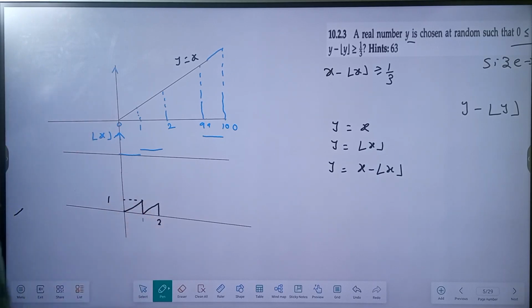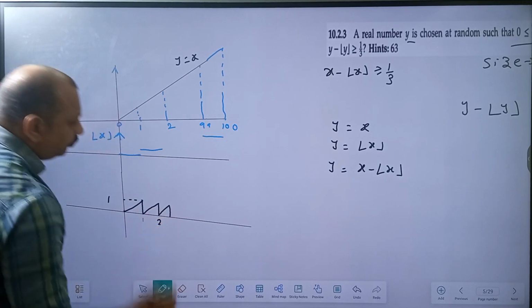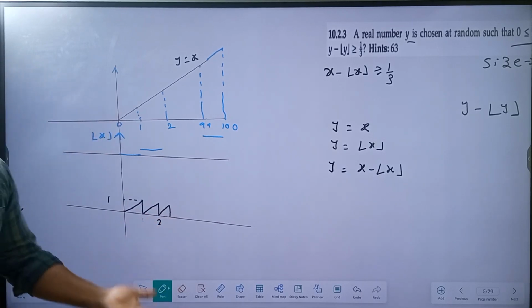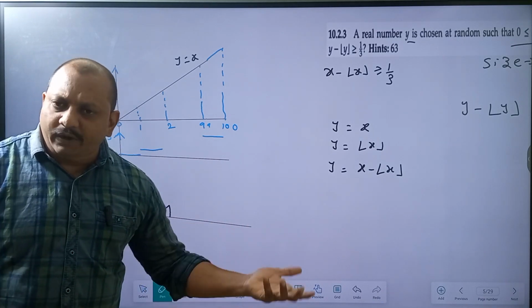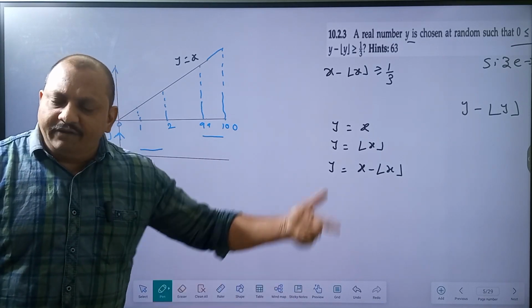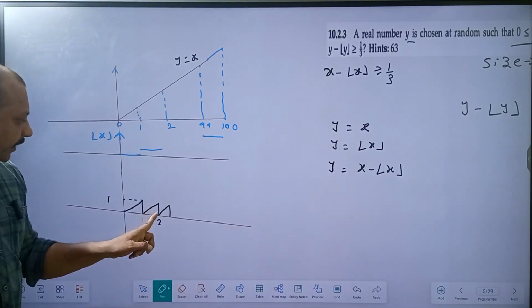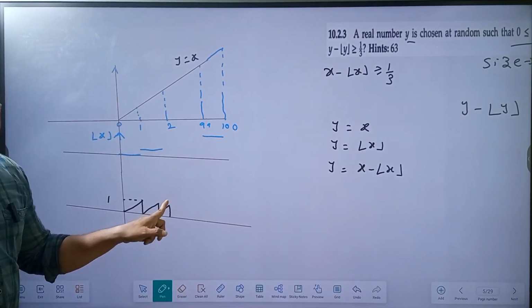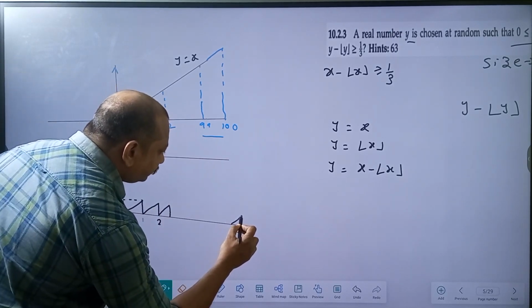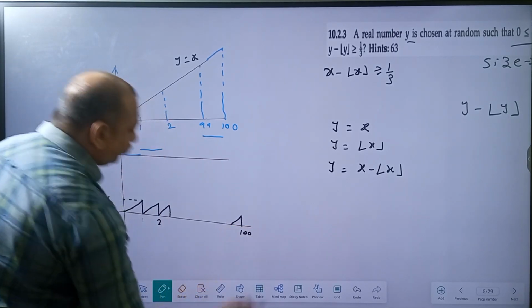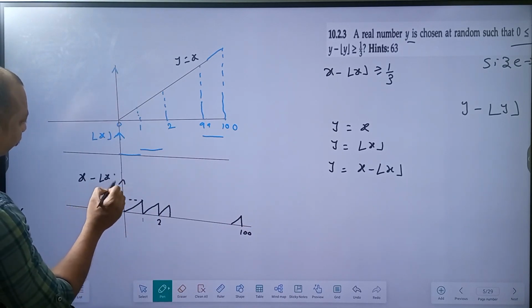Similarly for 2 to 3 also, 0 to 1 అంతే కదా. 2.1 అంటే 0.1. ఎగ్జాక్ట్లీ 2 అయితే 2 minus 2, 0. And if it is 2.9, 2.9 minus 2, 0.9. So the corresponding output is always from 0 to 1 only. This is our corresponding graph for x minus step x, x minus floor x we can say.